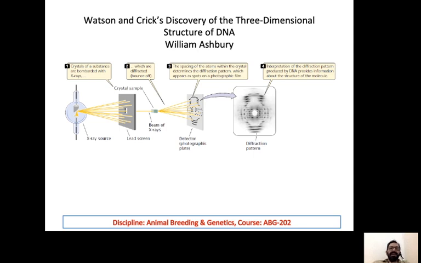Watson and Crick gathered that information, studied those papers and results, and eventually gave the structure of the DNA.